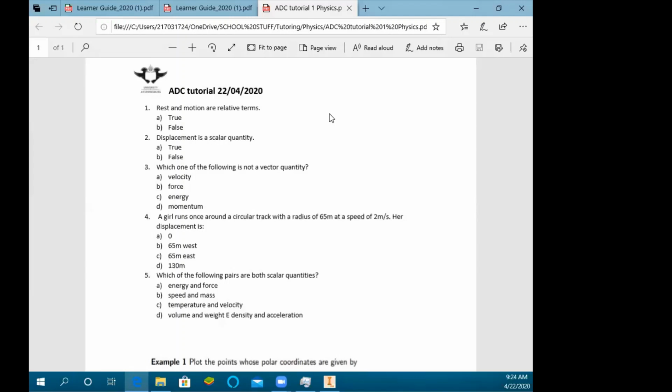When someone is in a bus, the bus is moving and you're seated in the bus, relative to someone who's in the bus, you're seated, you're stationary, not in motion, you're at rest. But relative to someone outside of the bus, you're moving, isn't it? Yes. So that's the reason why we say rest is also relative.